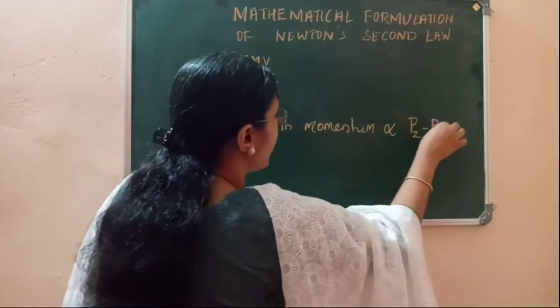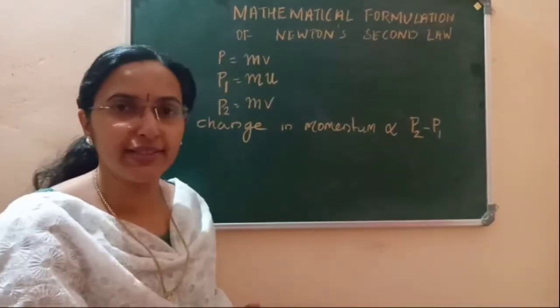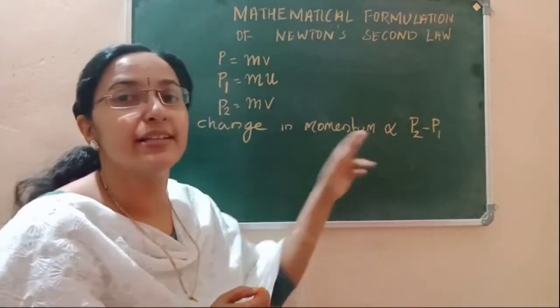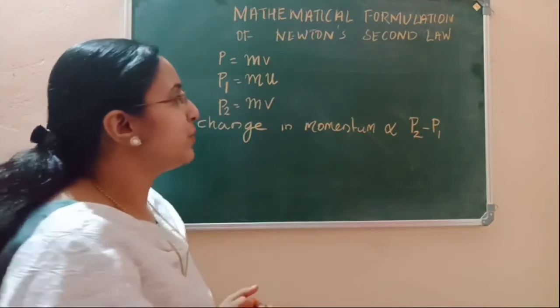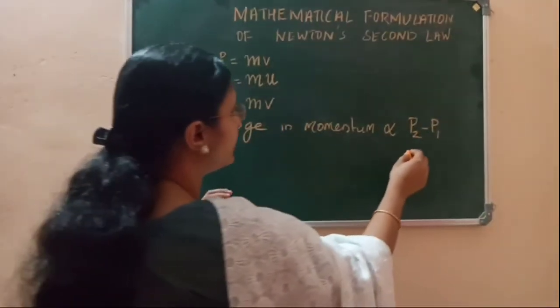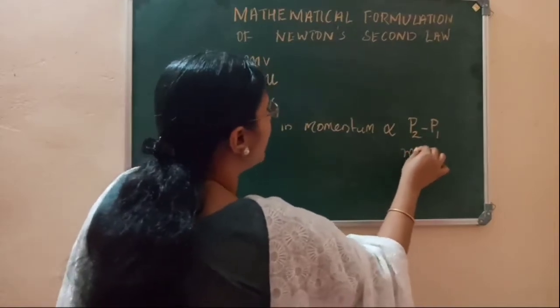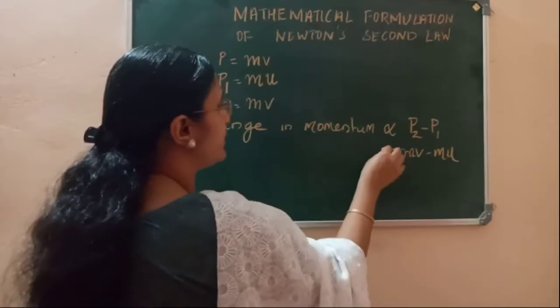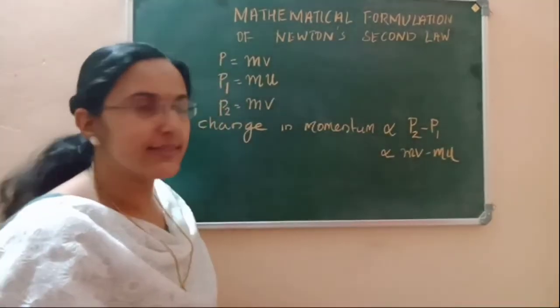Here I am writing change in momentum as P2 minus P1. We are putting the proportional sign, not the equal sign. And you know what P2 and P1 are? That is mv minus mu.